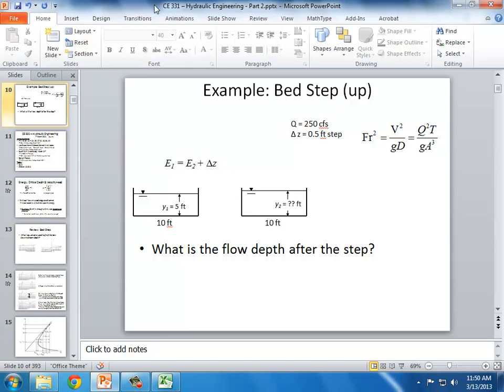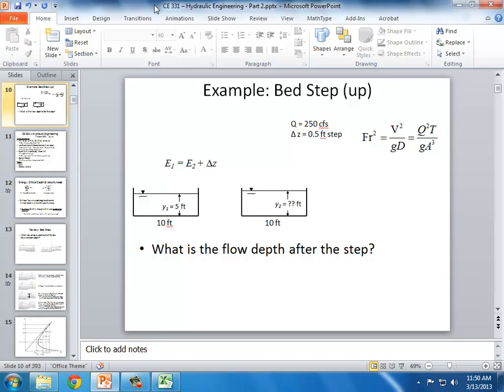That specific energy is going to be in the depth term, and this is the velocity head term, when we substitute in the flow rate, the cross-sectional area, and so forth. So we can rearrange and get our cubic equation here: y2 cubed minus 4.888 y2 squared plus 9.705 is equal to 0.